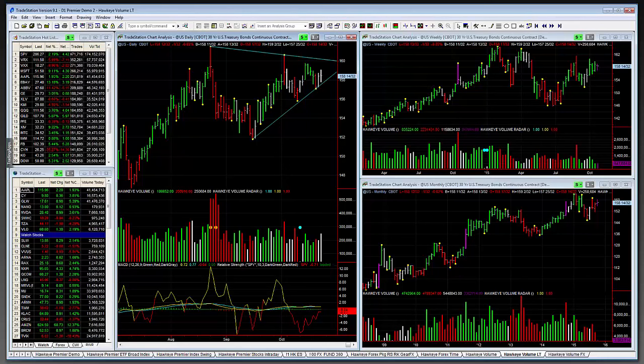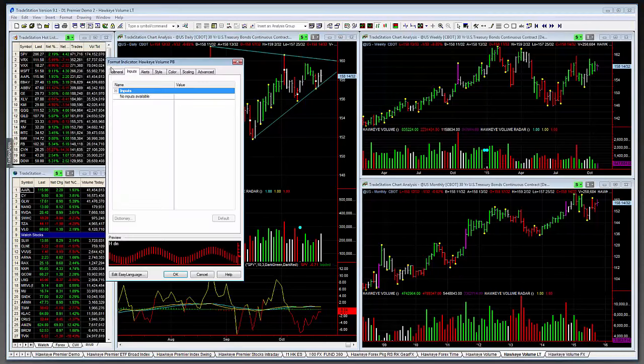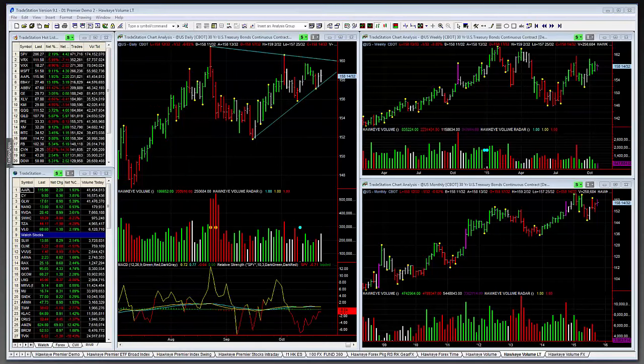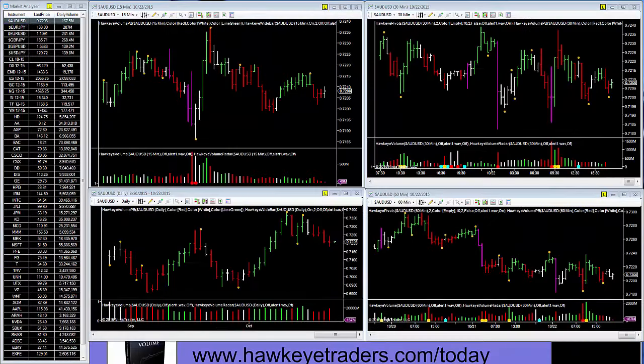How do you know which version you have loaded? If you look at the software, if you format any of the software, then if you go into the General tab, you can see which version of the software we're currently running and the year. Okay. On NinjaTrader, it's the same thing. You just simply click on an indicator, and then you go up underneath the application. Right there.